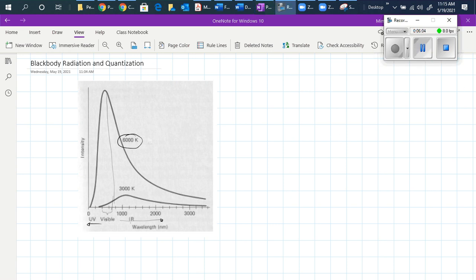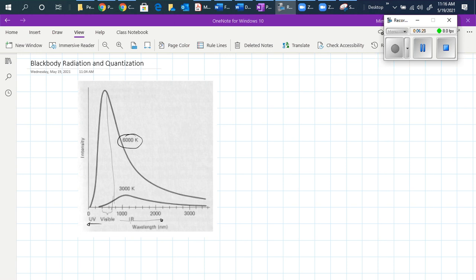Therefore, we can safely say that classical physics failed to explain the relationship between the temperature and the blackbody curve. And it also made a completely absurd prediction: the hot object would emit energy most effectively at short wavelengths.